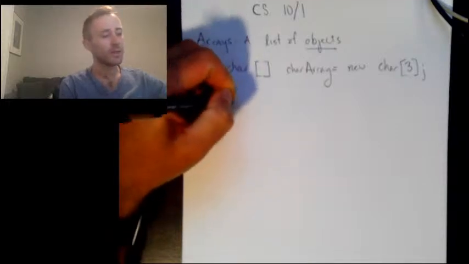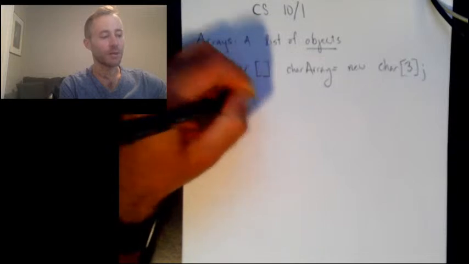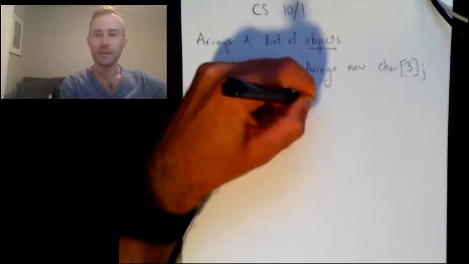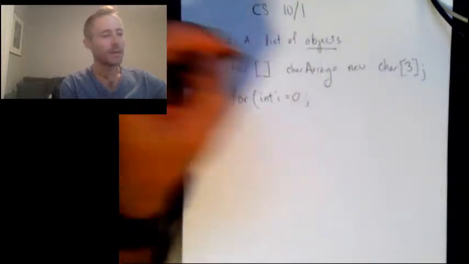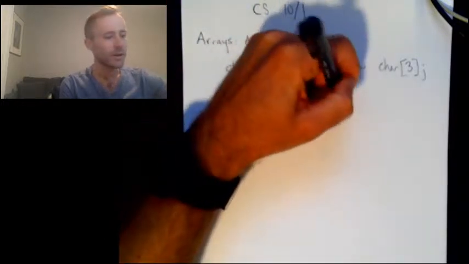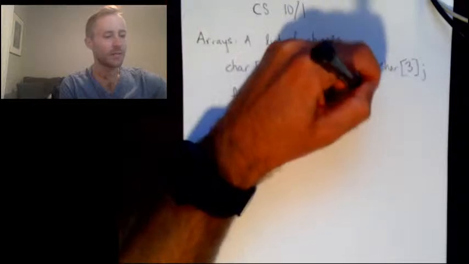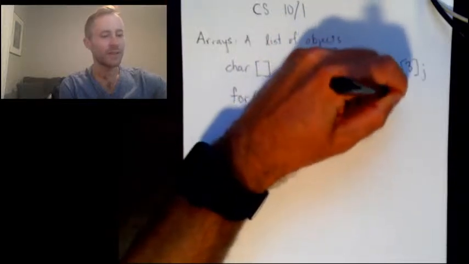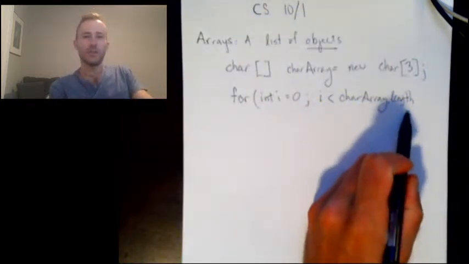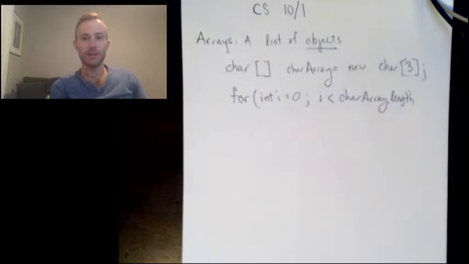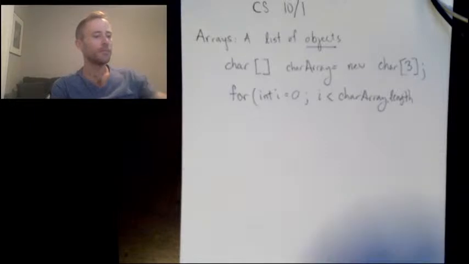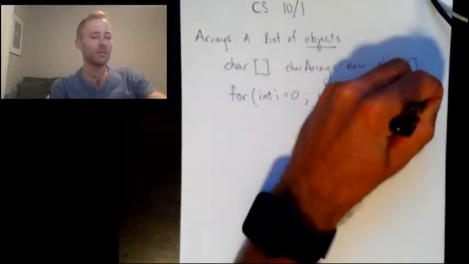So I could say for int i equals 0, i less than character array dot length. Character array dot length is going to return 3 because that is the length of the character array. And then i plus plus.